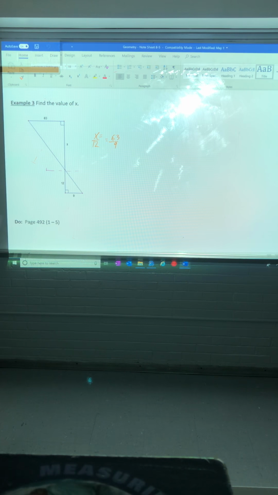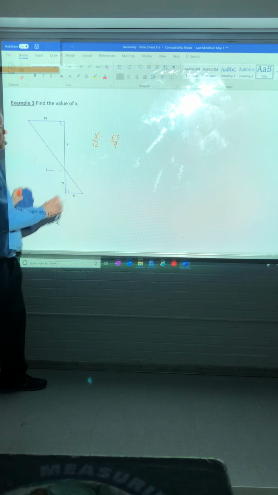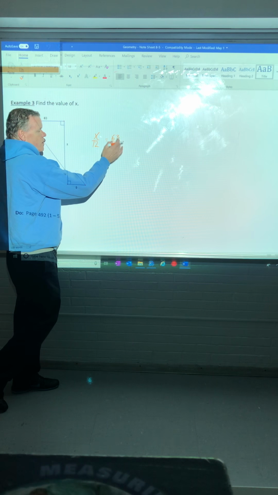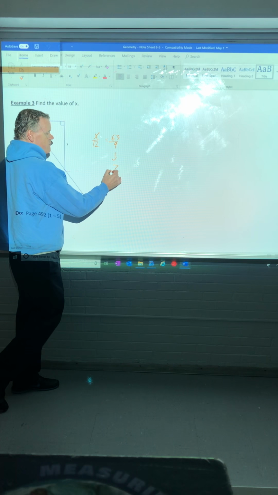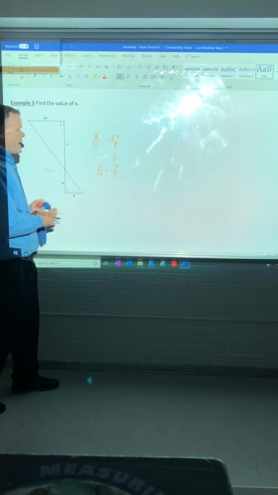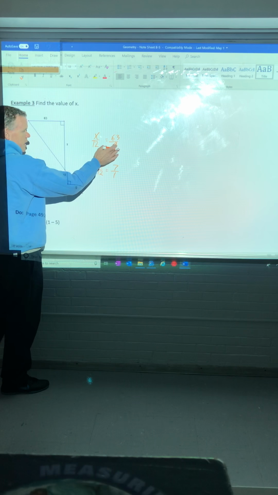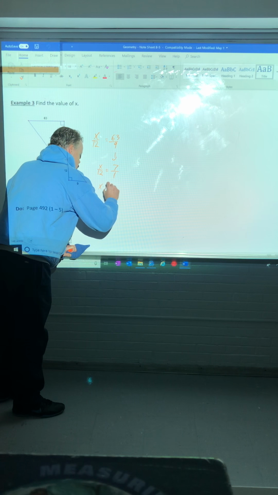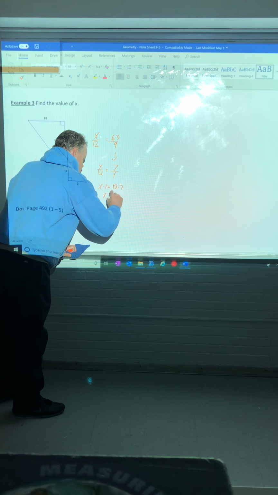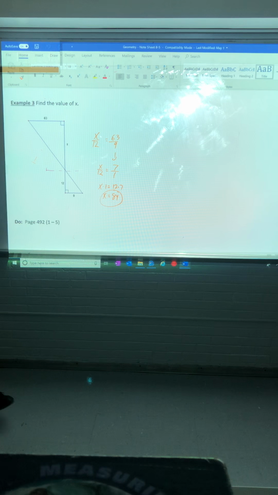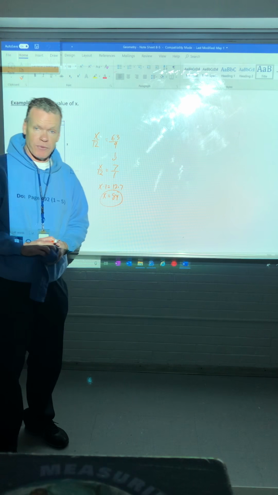If we end up solving for that, probably what you want to do here is reduce this fraction. 63 over 9 reduces down to 7 over 1. Make life a little bit easier, and you have x over 12. So all I did was reduce this fraction. 9 goes into 9 once, 9 goes into 63 7 times. And that easily gives you an answer. x times 1 equals 12 times 7, x equals 84. So that is your answer for x, and that's it for 8.4.